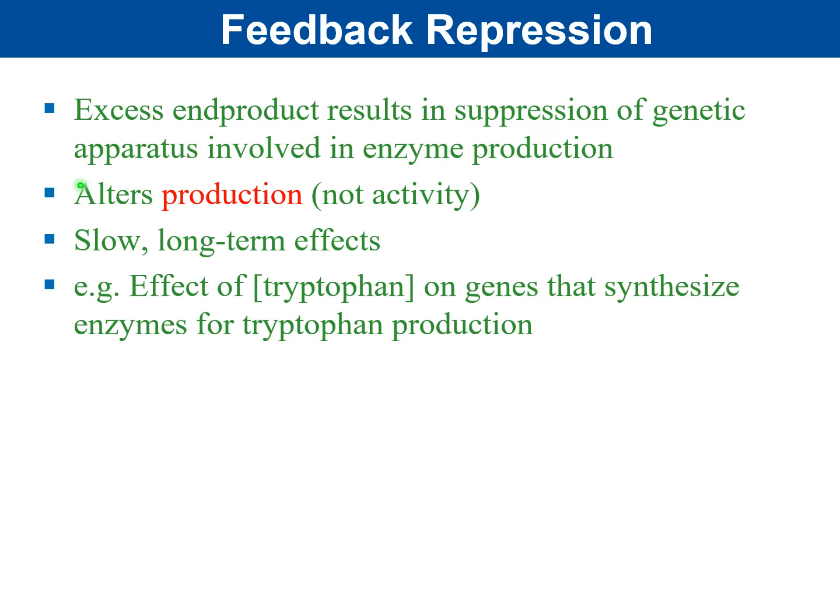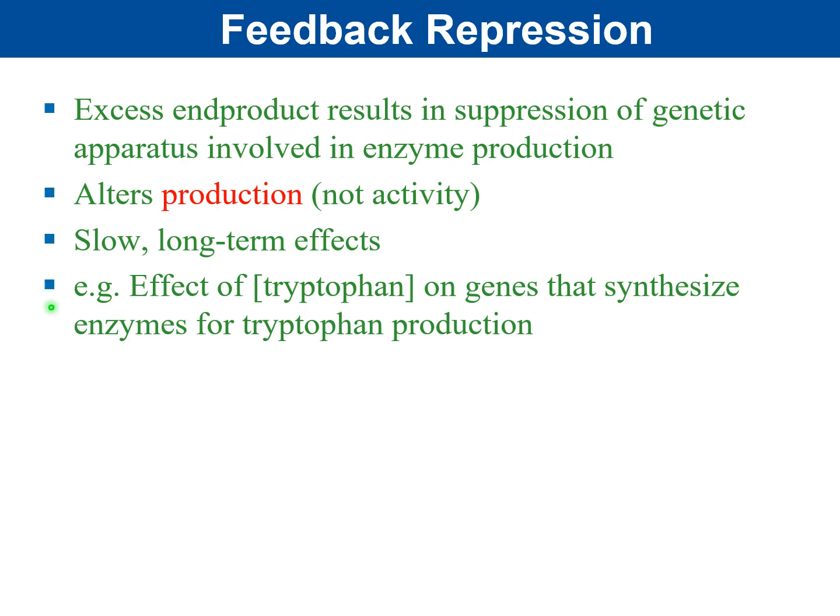And feedback repression, by comparison to, say, the lactose operon, will alter the production of a cell's enzymes or protein products, but not necessarily the activity. So when we look at feedback repression as a phenomenon, we can say that it is slow and has long-term, longer-lasting effects.